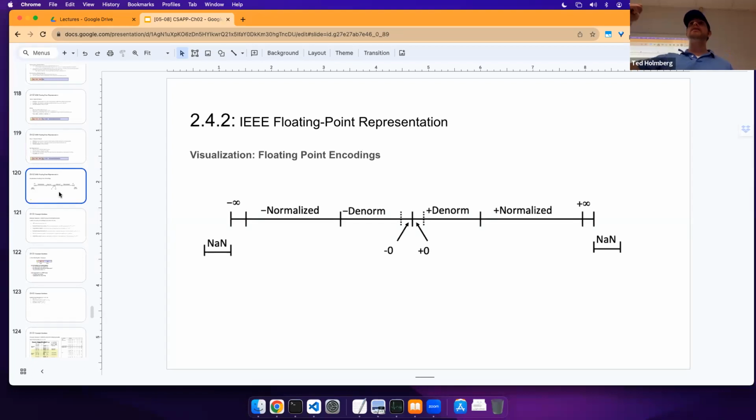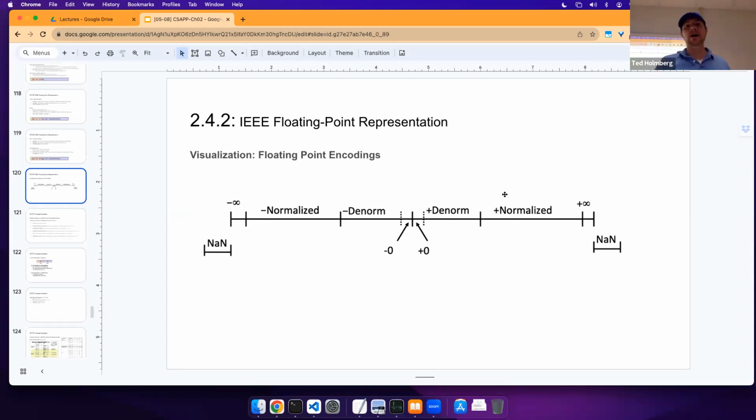So you could see the normalized case is probably what you're going to see most often. Your zeros, your very small numbers, are your denormalized case, and then your case 3 is just like infinity. So if I want to visualize that, this is how it would look like. At my center, I actually have a -0 and a +0, but most systems will treat those in a similar way.